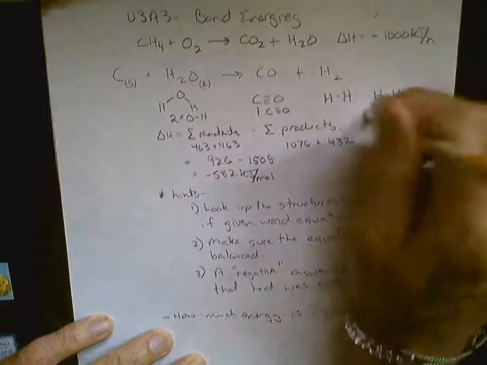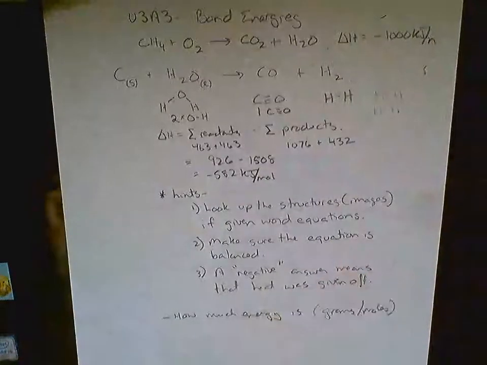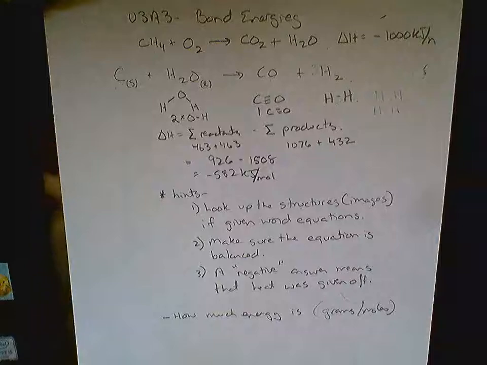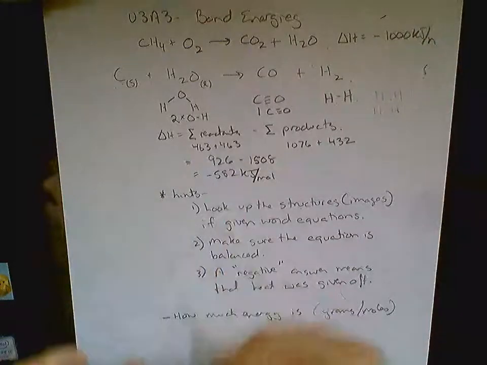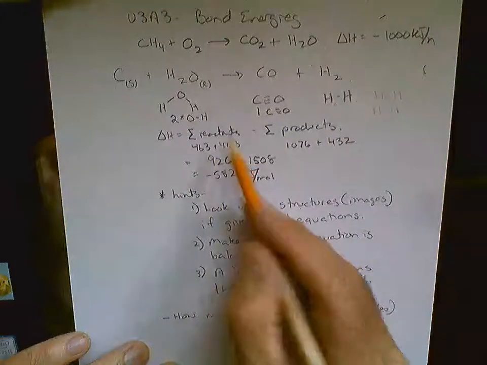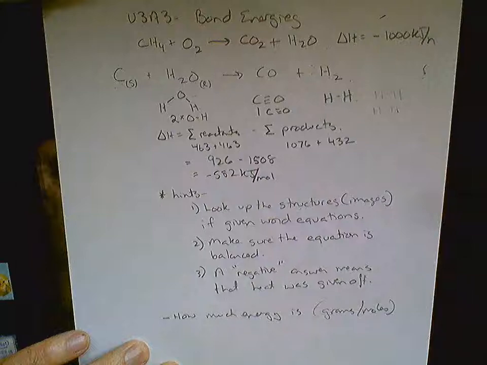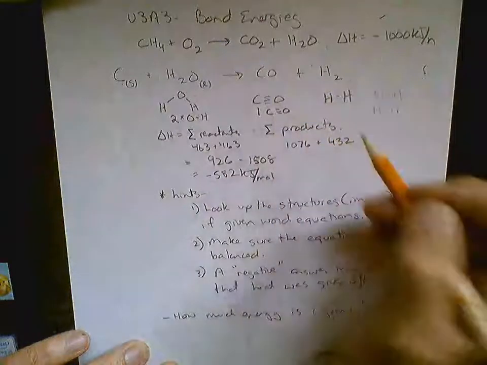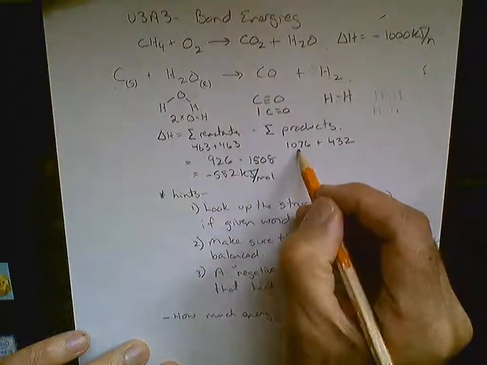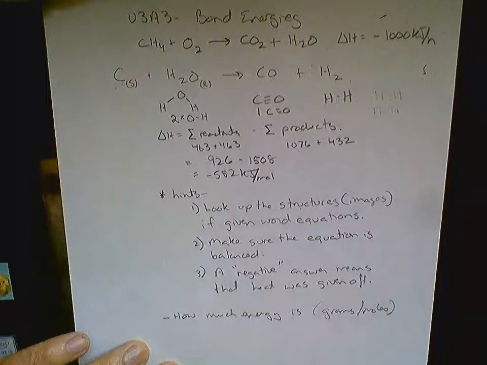Folks, what you're going to find when you go into U3A3 is that on the first page there's a table, and it's got all of the bond energies. So, for example, the bond energy of OH is 463, but you have 2 of those, so it's 2 times 463. The bond energy of C triple bond to O is 1076, and for HH it's 432.